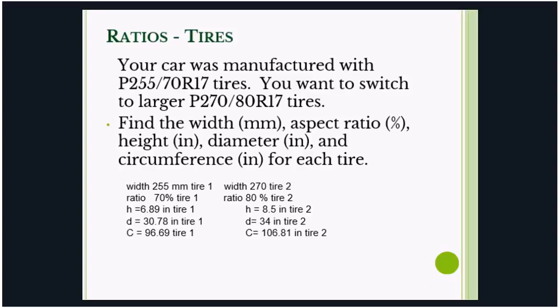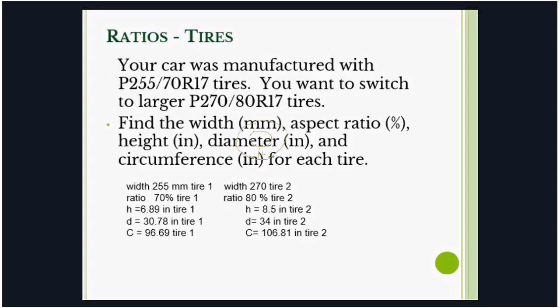The next thing you want to determine is the height in inches of the tire. Now that height of the tire actually only represents that distance, not including the rim. This is my tire, this is the rim, this is the height of your tire.